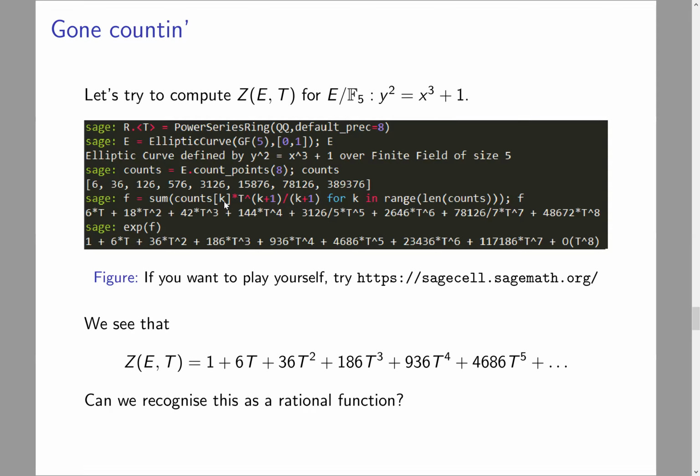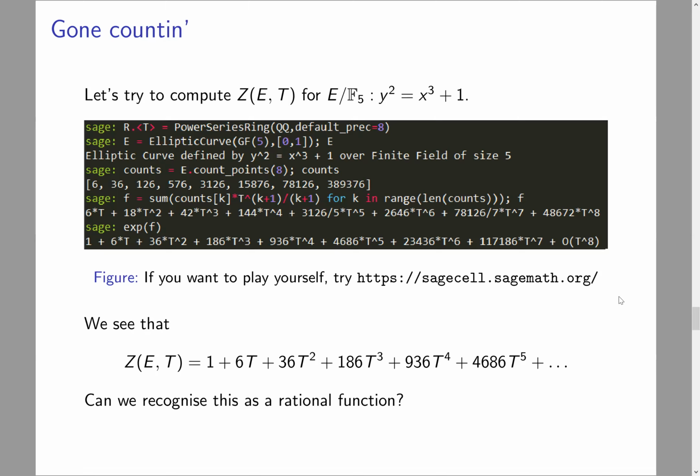So that's why it's k here, but k plus 1 there, just because Sage is off by 1 for some reason. But you just do that. You say, okay, sum all of those things together and create f. So that's this expression here. That's the thing inside the exponential. We take the exponential of that, and we get this. This is the first 8 terms of the zeta function of this elliptic curve. So 1 plus 6t plus 36t squared plus 186t cubed, etc.